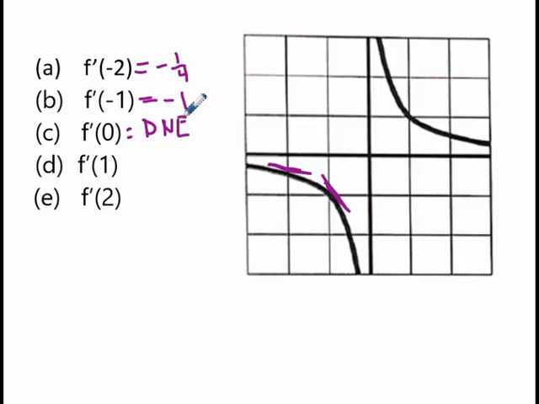So if the function doesn't exist, how could its derivative exist? F prime of 1 is negative 1 again. And f prime of 2 is about negative 1/4. So then when I sketch these, it'll be negative 1, negative 1/4, negative 1. Actually, I should have changed colors. The actual derivative. So this one's getting steeper, headed down that way. This one's going down that way.